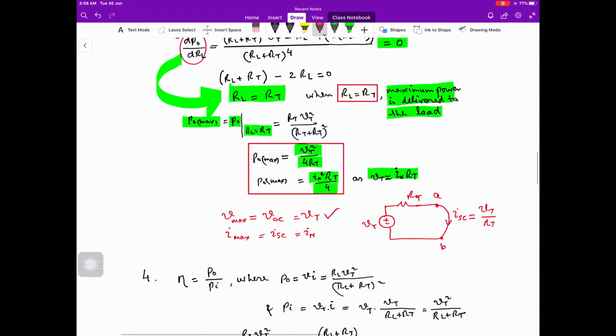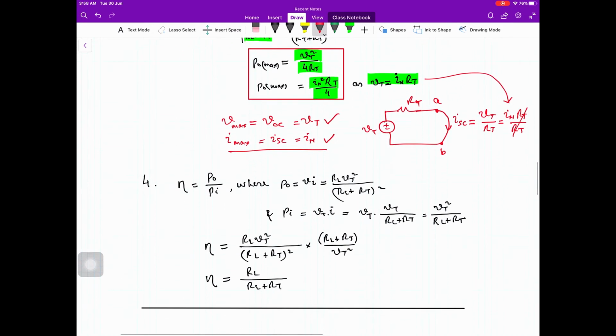As we have said before, VT is INRT, divided by RT. See my previous lecture for the derivation of VT equal to INRT. So here we see that I maximum is I short circuit, which is the Norton current.